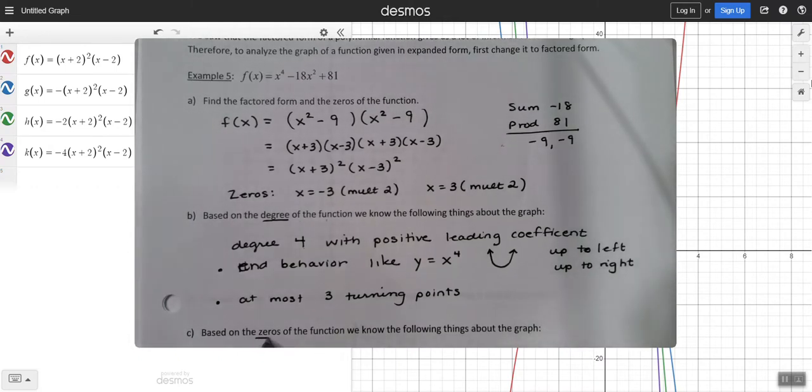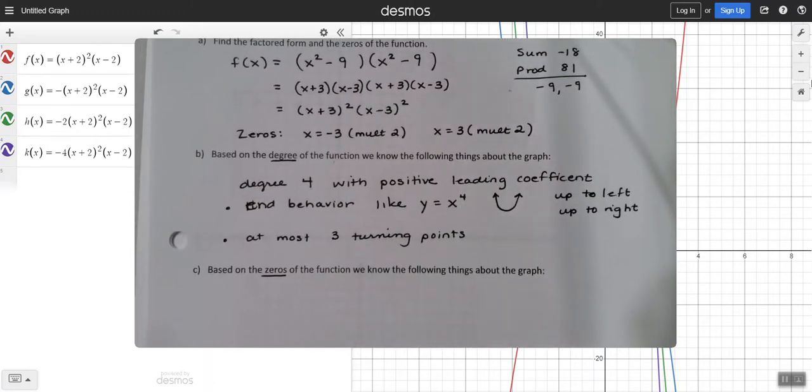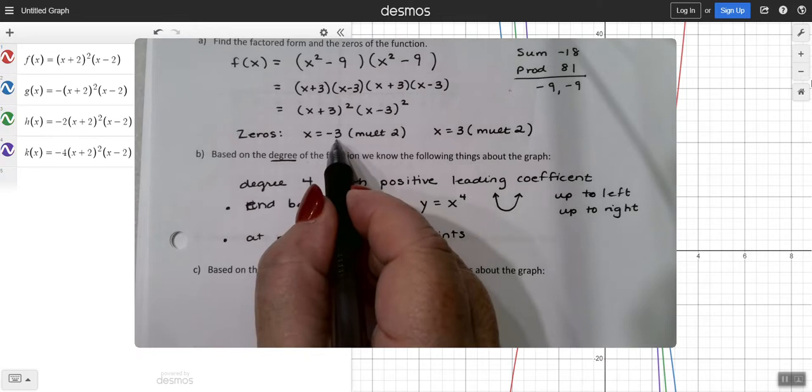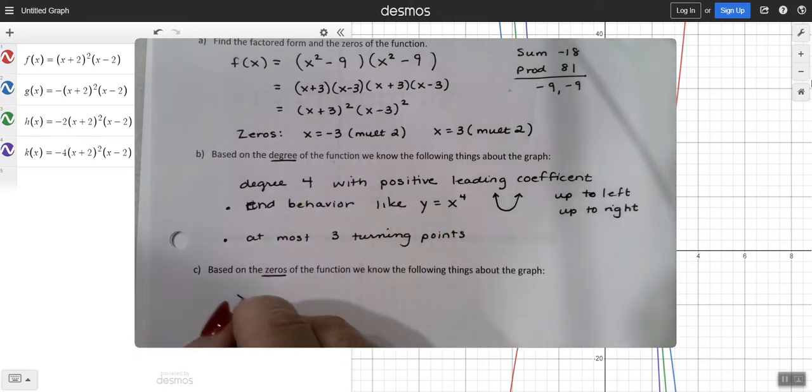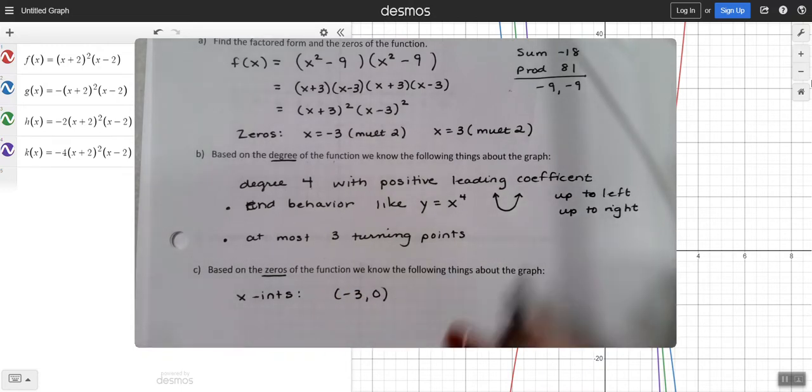Based on the zeros of the function, what do we know about the graph? Well, we know that there's an x-intercept at -3, 0, and also at +3, 0.